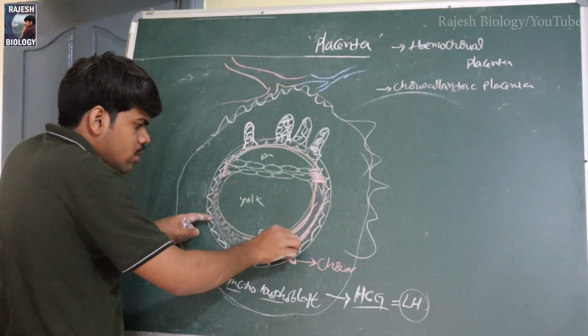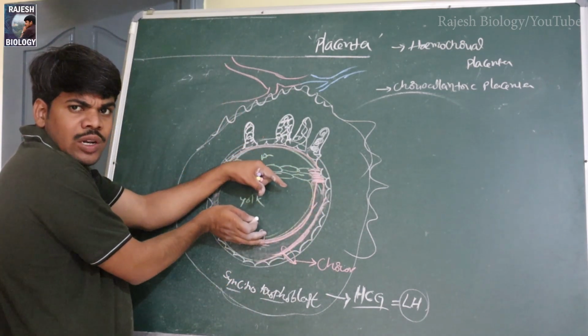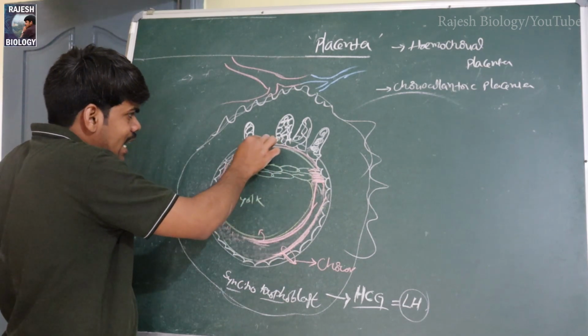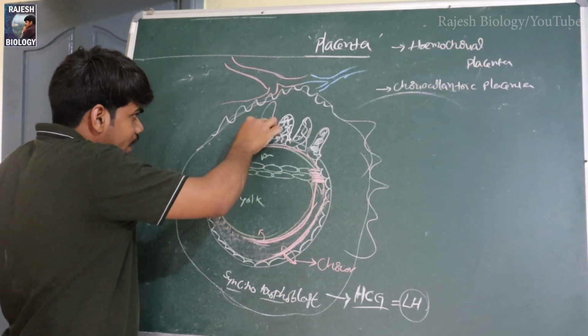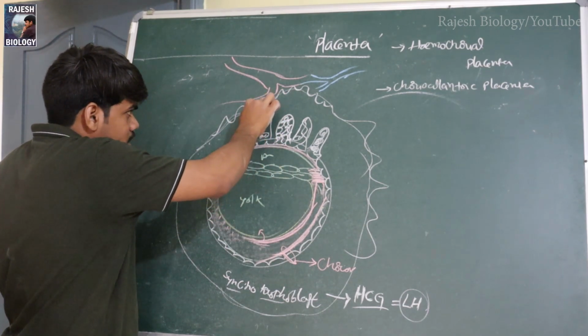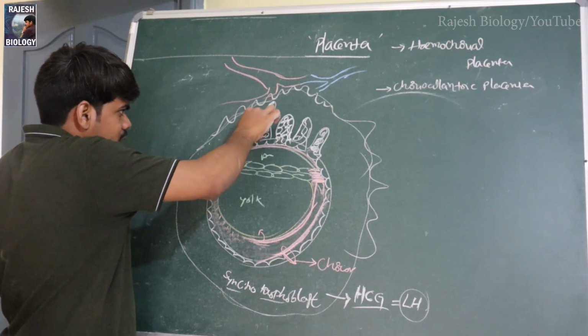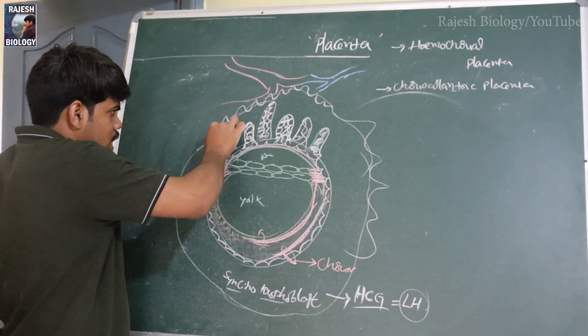This is how the actions go on inside. Simultaneously, the cytotrophoblast invades and forms columns, the cytotrophoblastic villi columns.